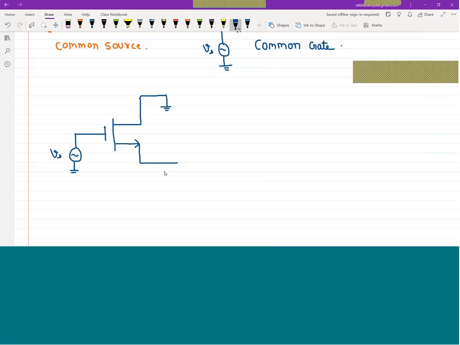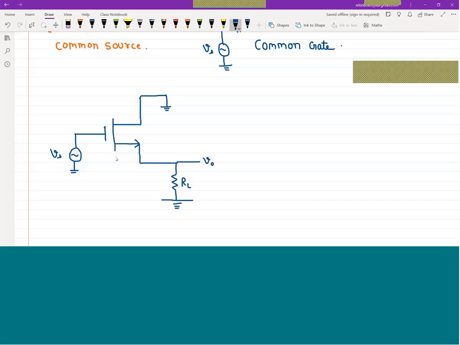We are taking output from here. This is RL and we are taking output from here.